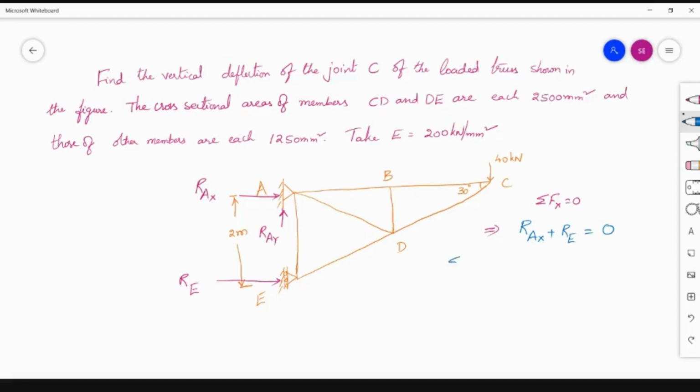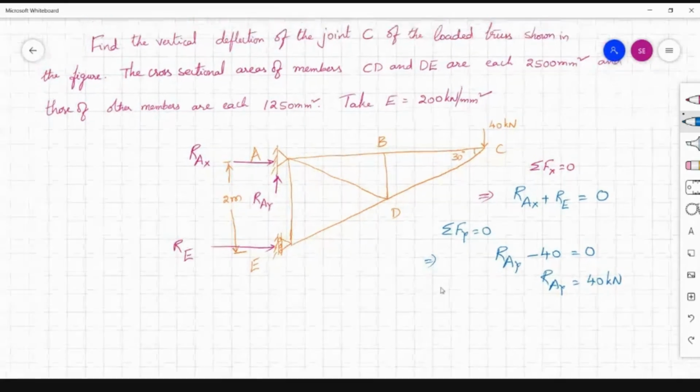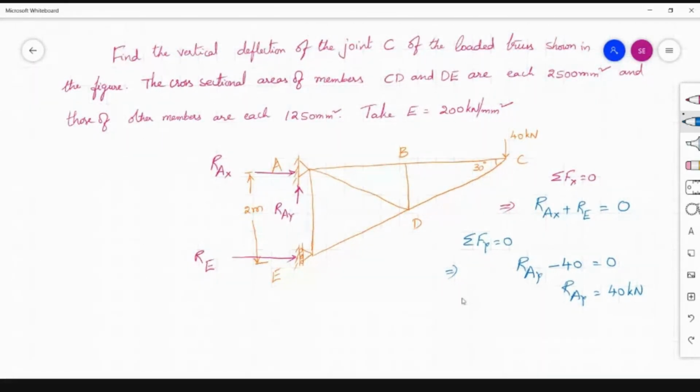While sigma Fy equal to 0: your vertical reaction RAY is there. RAY minus 40 kilonewtons is equal to 0. So RAY equal to 40 kilonewtons. Before calculating further, you should understand what this distance is.